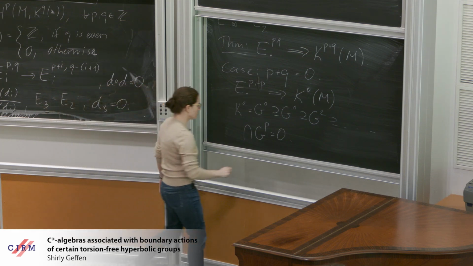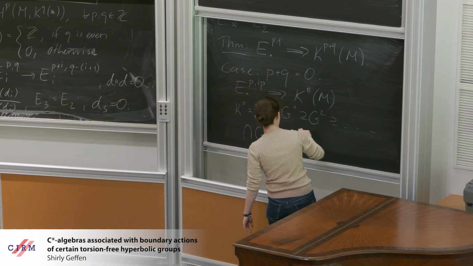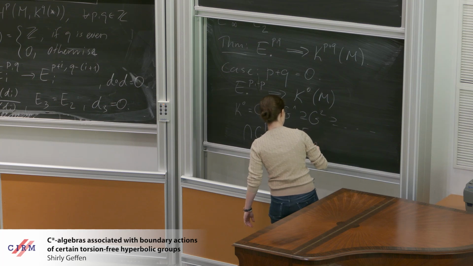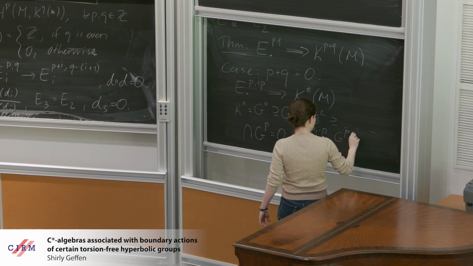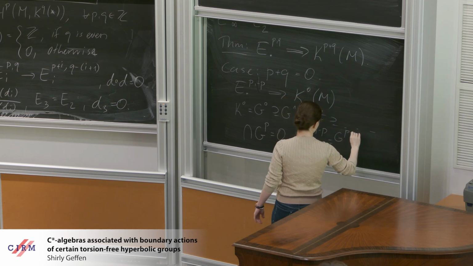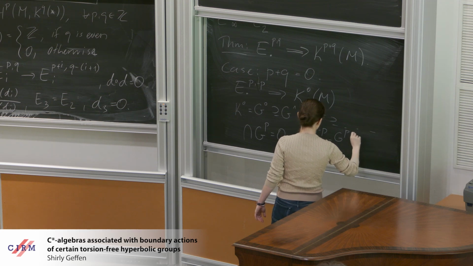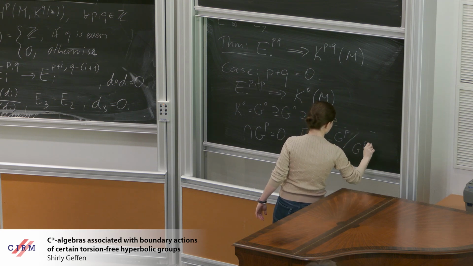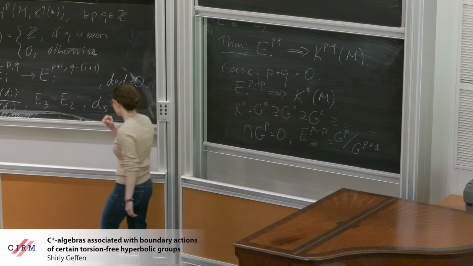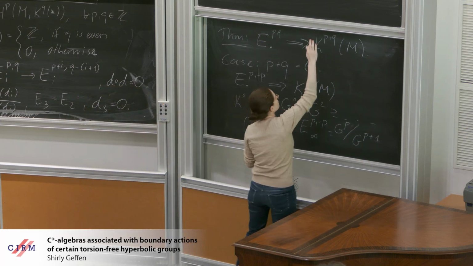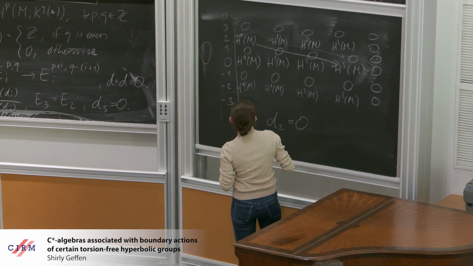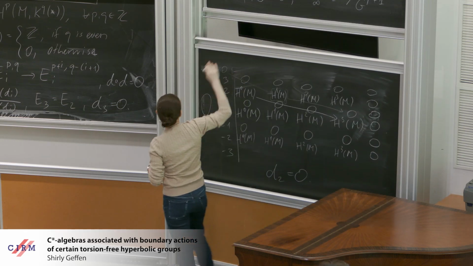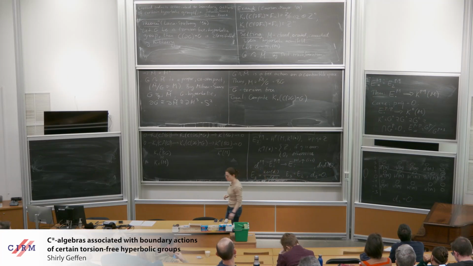And E infinity (p, minus p) is just given by G_p divided by G_(p plus 1). So the grading is maybe not given explicitly, but now that we know this condition, we can read it off.